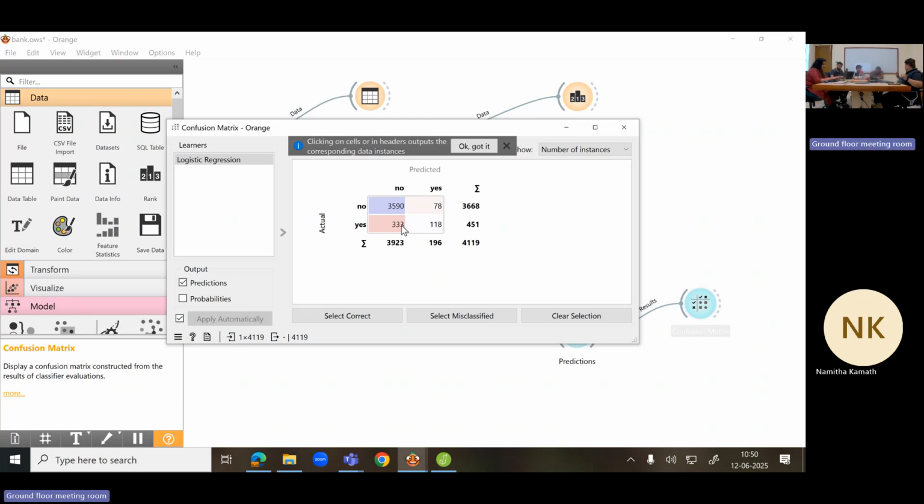So recall is the number of actual positives which are predicted correctly. That happens to be true positive divided by true positive plus false negative.